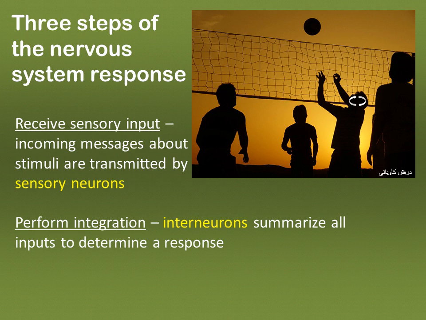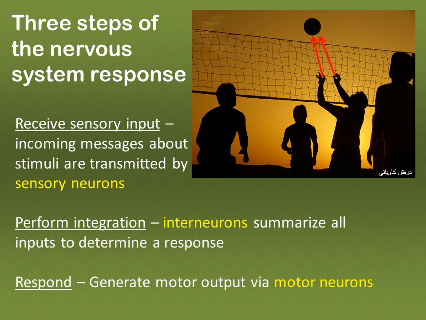Then a step called integration will be performed. This is performed by specialized cells of the central nervous system called interneurons. Integration is when these interneurons summarize all of the incoming messages in order to determine the appropriate response. And then we have our last step, the response itself, which we call a motor output.